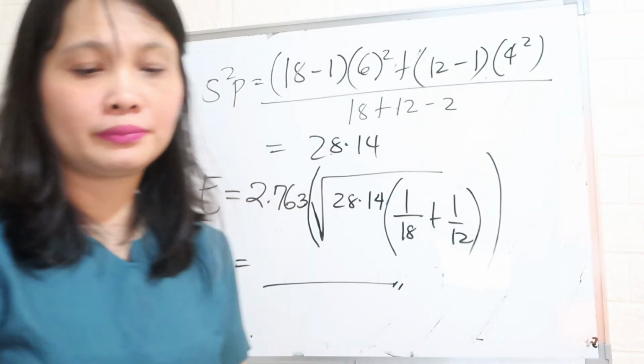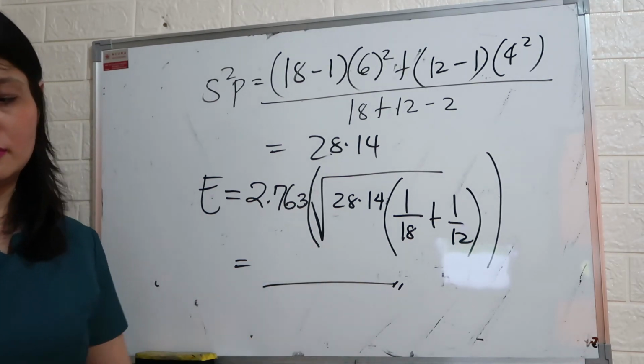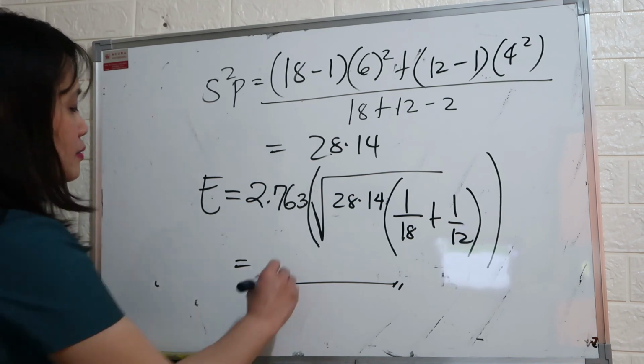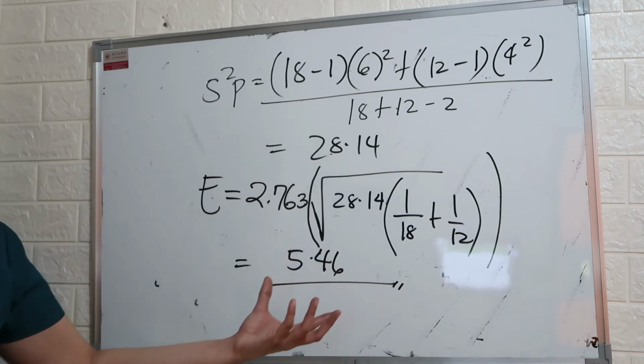What's the answer? Miss, 5.46. Okay, so your margin of error is 5.46.